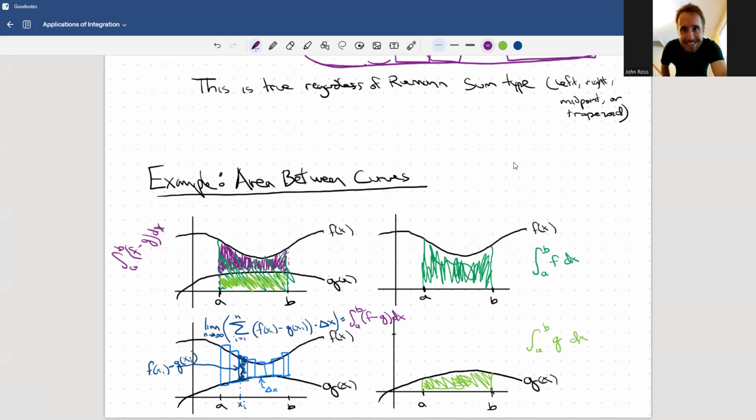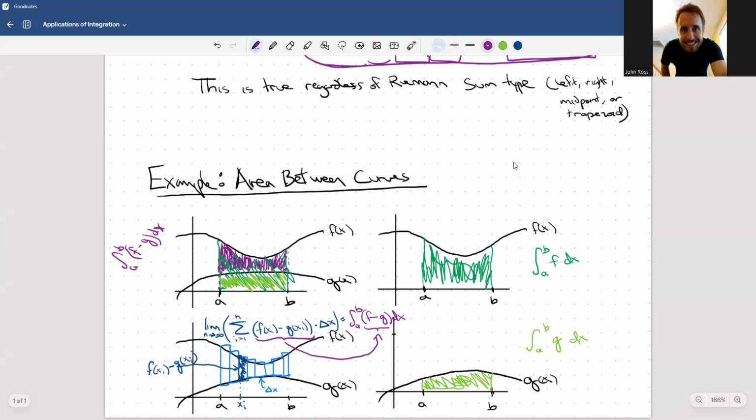Because again, what I'm focused on is this piece in between the summation and the delta x, and that becomes the thing that I integrate in the exact answer.